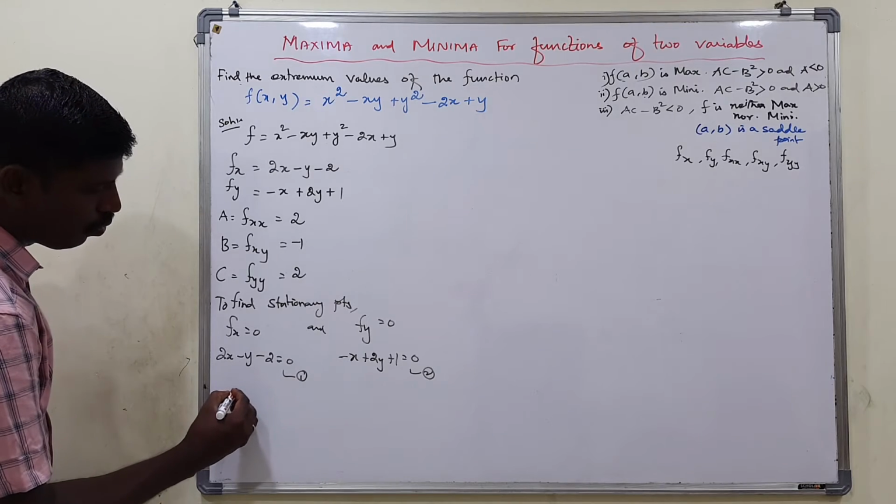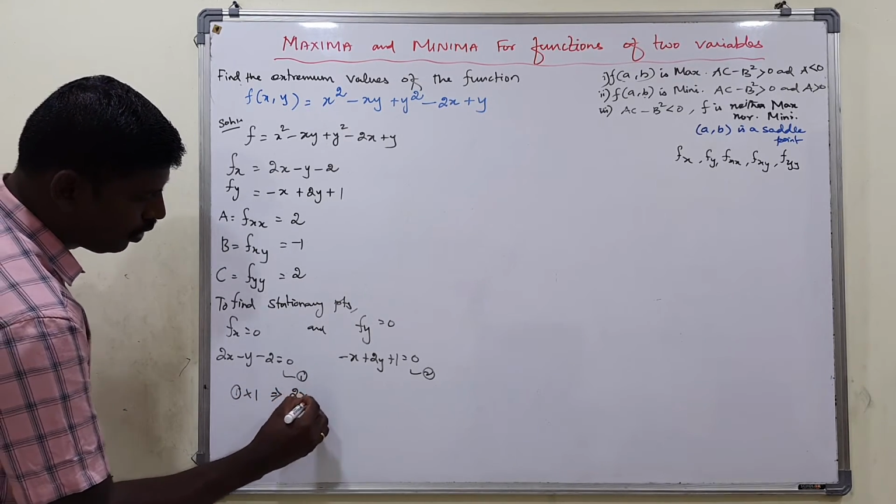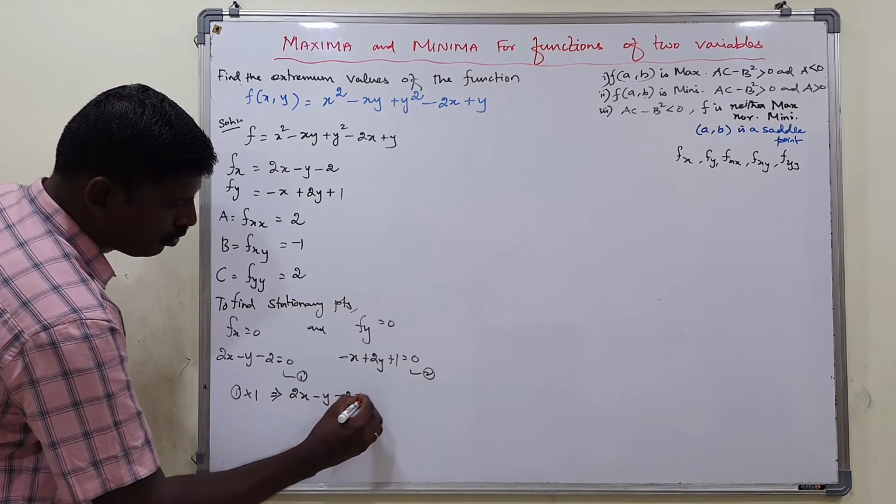By taking the first equation as same, 1 into 1 implies 2x - y - 2 = 0.